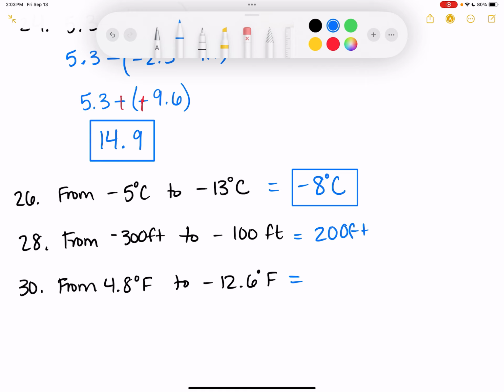Negative 15.8, around there, I'm not sure. You subtract 4.8 from negative 12.6. What does that give you?